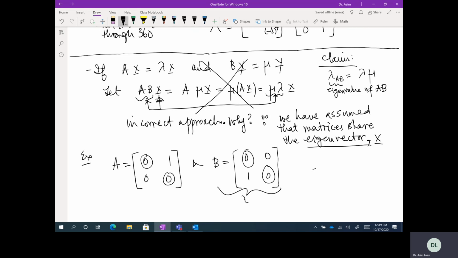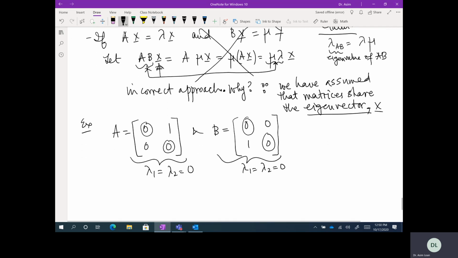So here lambda 1 equals lambda 2 equals 0, and here lambda 1 equals lambda 2 equals 0. So both have eigenvalues 0.